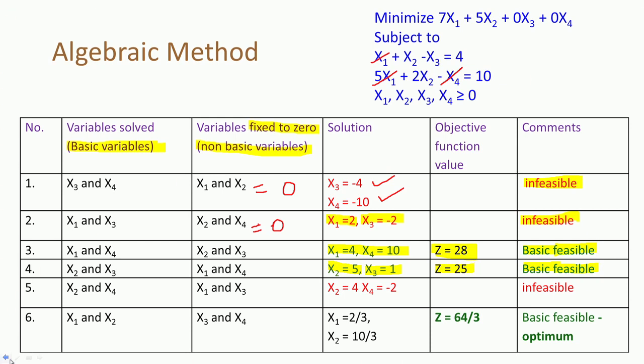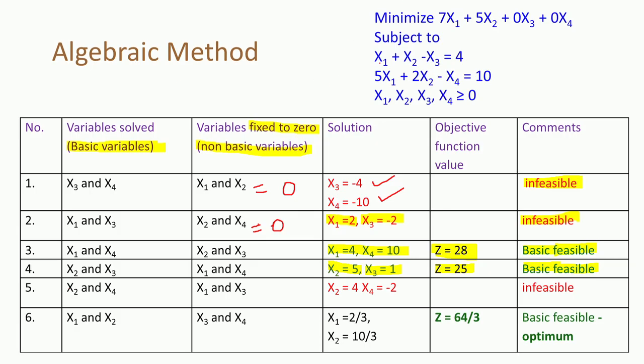Now, I move on to the fifth of the 6 problems, where I am going to fix x1 and x3 to 0 and I am going to solve for x2 and x4.